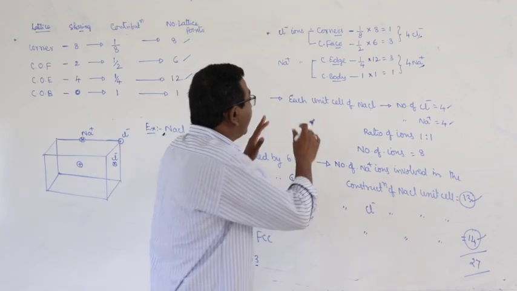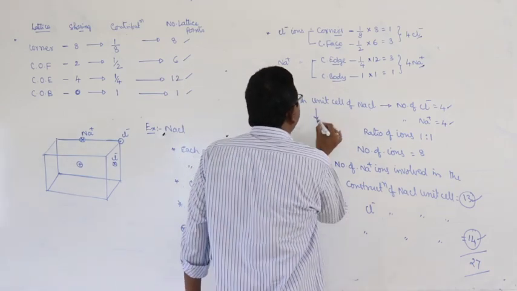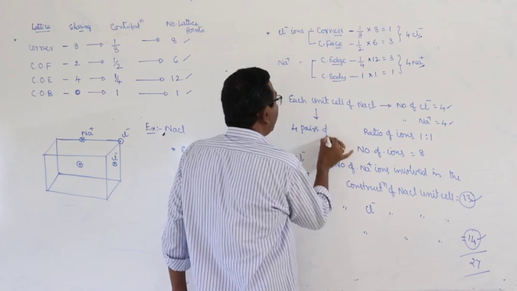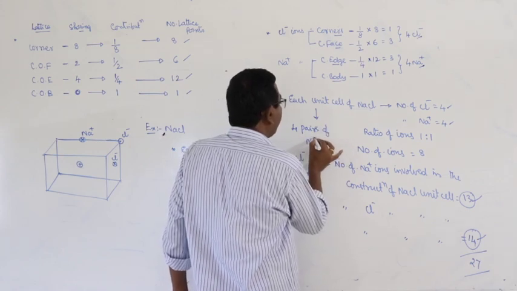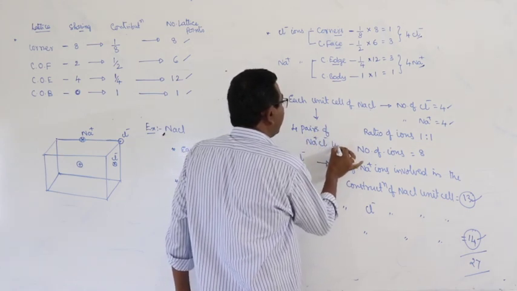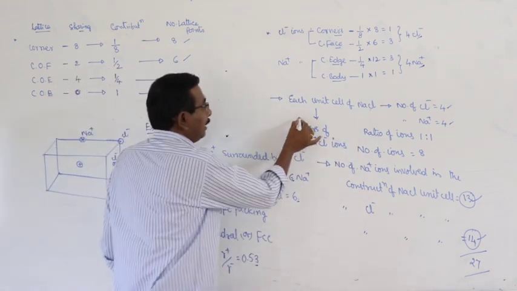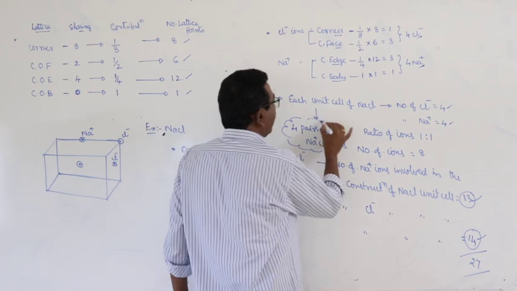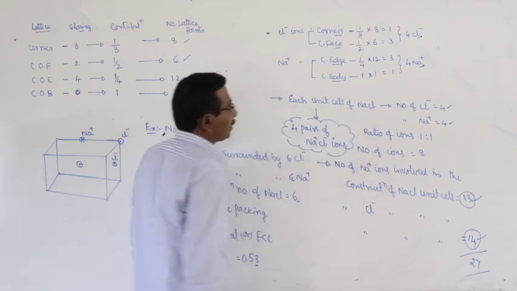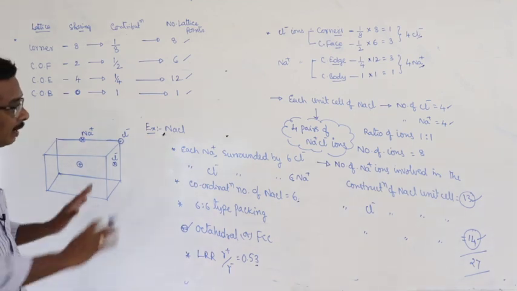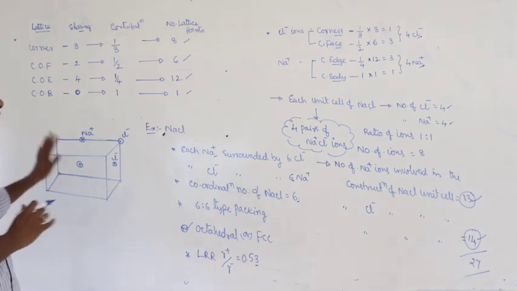And in each unit cell of sodium chloride, 4 pairs of Na plus Cl minus ions are present. This is about the structure of NaCl.